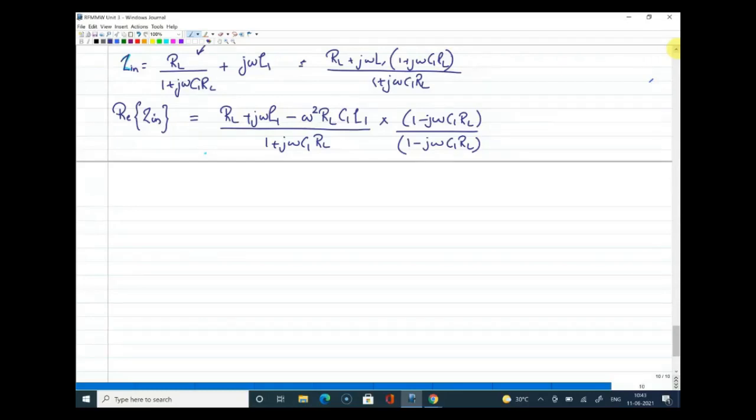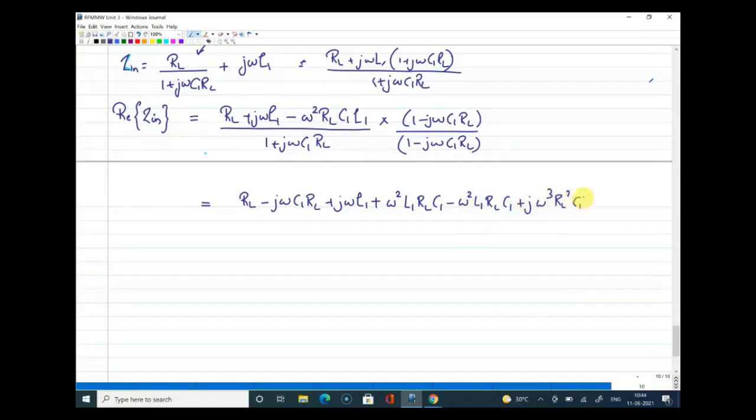If I work on this, in the numerator I'll have the RL term. Let me write that also fully: RL minus j omega C1 RL plus j omega L1 minus j square, which is minus, so it is plus omega square L1 RL C1, then minus omega square L1 RL C1, and finally plus j into omega cube RL square C1 square L1.